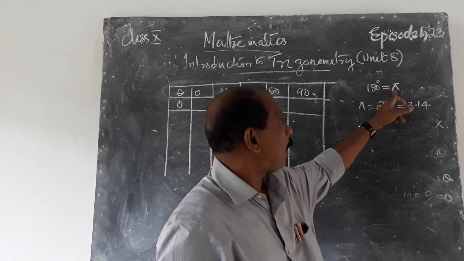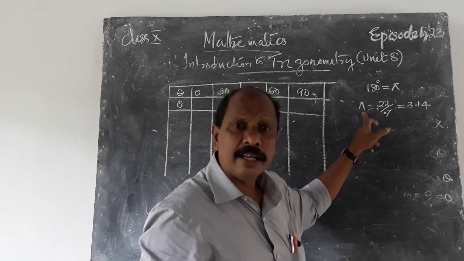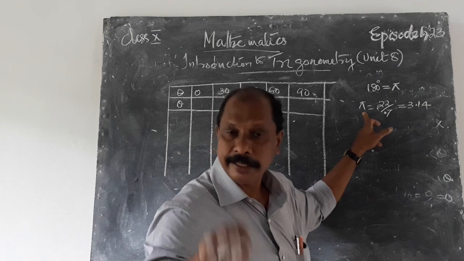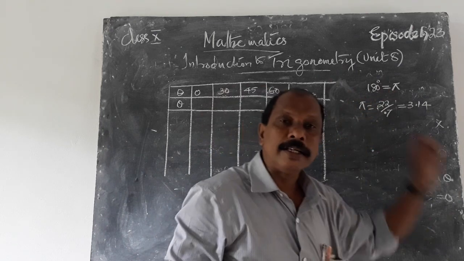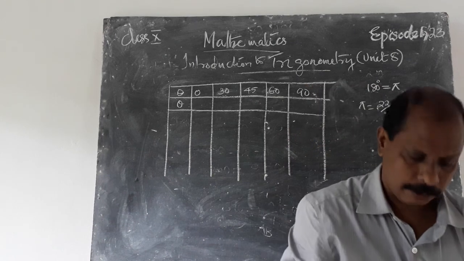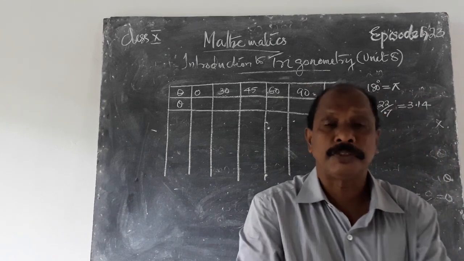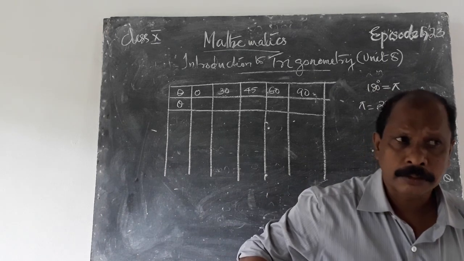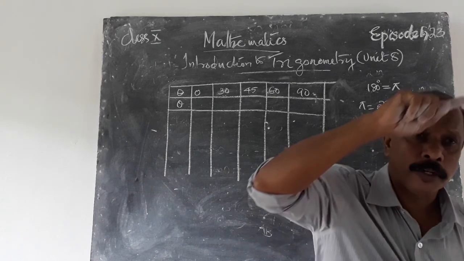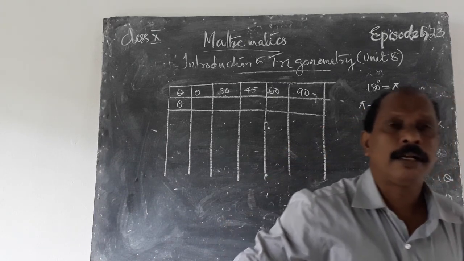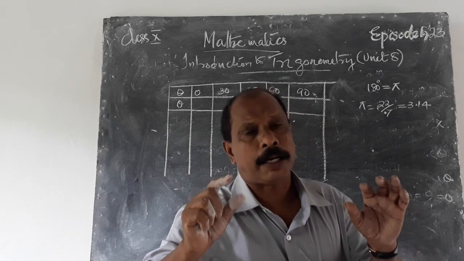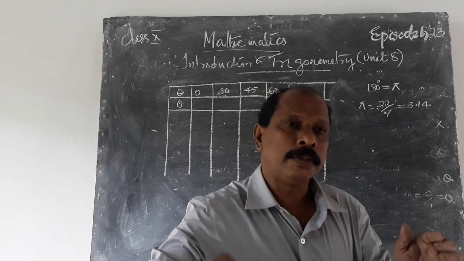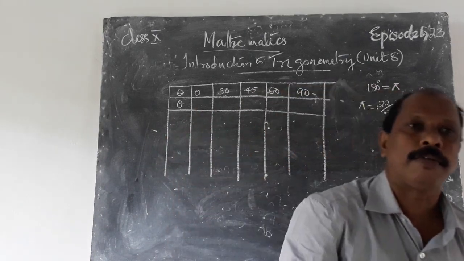But pi as 180 degrees is known as the angular value of pi, whereas 22 by 7 or 3.14 is the linear value of pi. Angular value is an angle. Consider linear velocity and angular velocity in physics: any particle moving in a circular path with a speed has a force acting tangentially. The particle moves tangentially away from the center, so that is known as linear velocity.